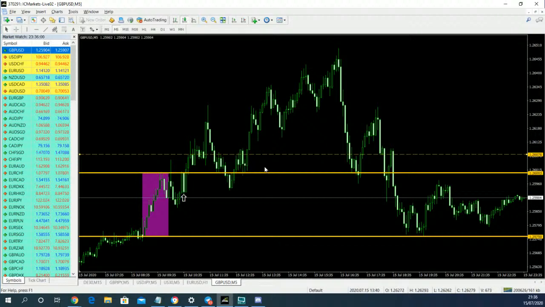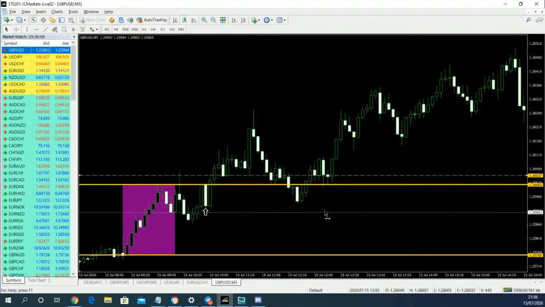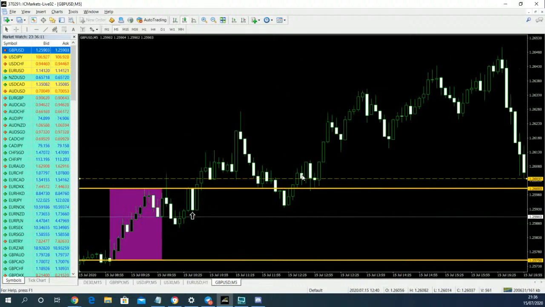In fact, you can see that you get a better price if you go for the retest. Let me zoom in. Look, this candle closes inside the box. The whole of the candle is inside the box. That's a pure retest, and it came out. So this is the trigger candle here, and you could have bought at the close of that candle.